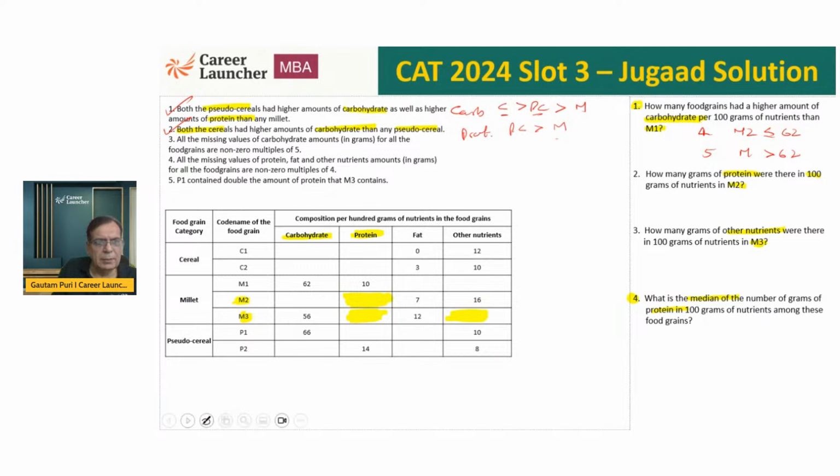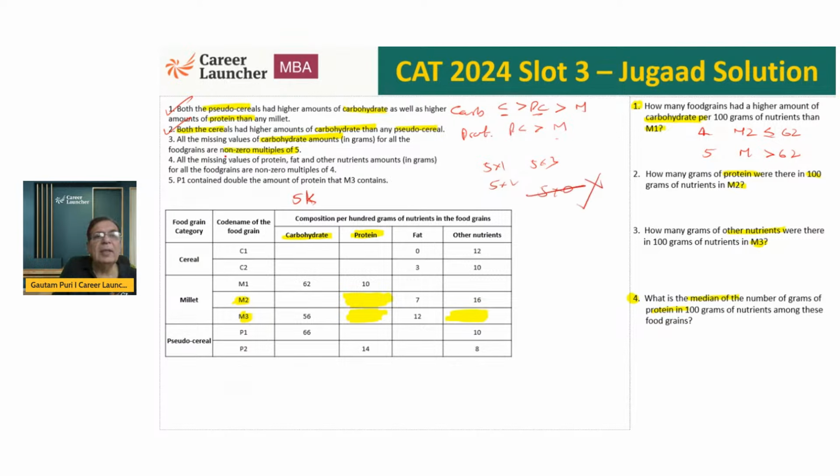Next statement. All the missing values of carbohydrate amounts in grams for all food grains are non-zero multiples of 5. So what are the missing carbohydrate values? They are all non-zero multiples of 5. They are some multiple of 5k. What do I mean by 5k? It could be 5 into 1, 5 into 2, 5 into 3. Can it be 5 into 0? No. Why?